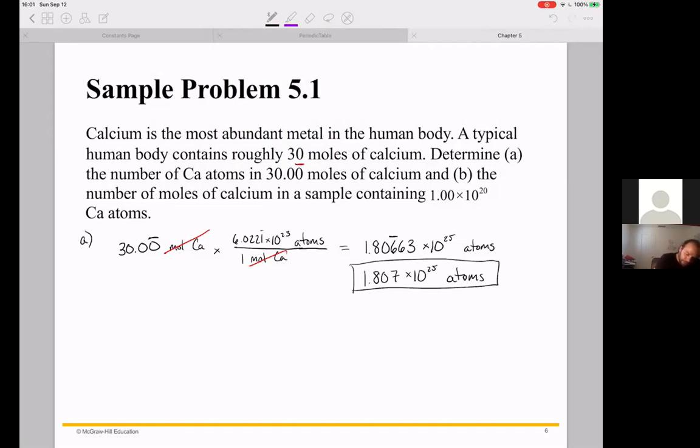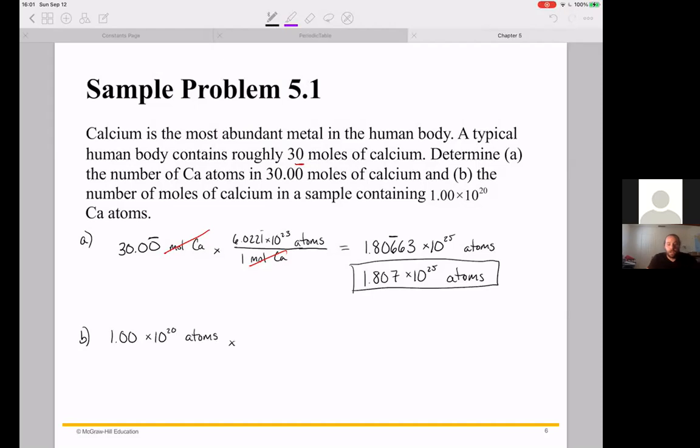Okay, so that's A. For B, I'm going the other direction. It wants me to go from the number of calcium atoms, in this case 1.00 times 10 to the 20th, and figure out how many moles of calcium are in that sample. So again, I'm going to start with my given quantity of 1.00 times 10 to the 20th atoms.